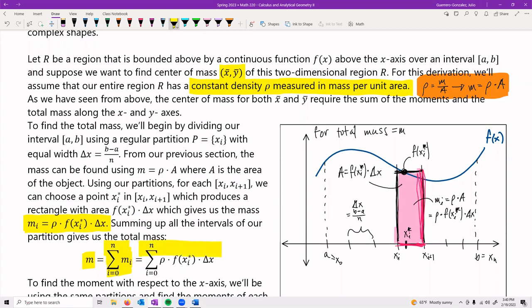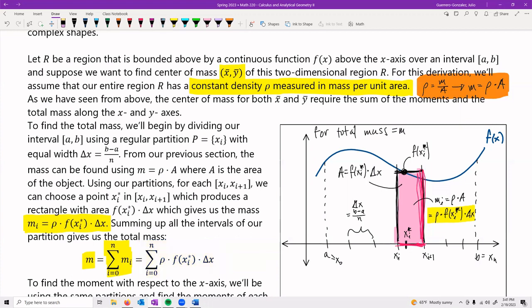And that's going to be that expression right there, which is the sum of all of these. All right.